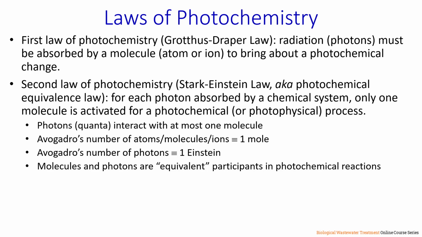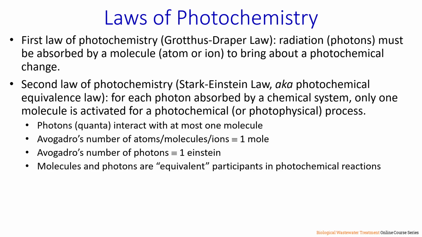Next, we can consider the definition of Avogadro's number in the context of molecules, atoms, and ions. Specifically, Avogadro's number of these units, the smallest discrete units of chemicals, is defined as 1 mole. There's a similar definition that applies for photons. Specifically, Avogadro's number of photons is defined as 1 Einstein. This gets to the concept of photochemical equivalence.